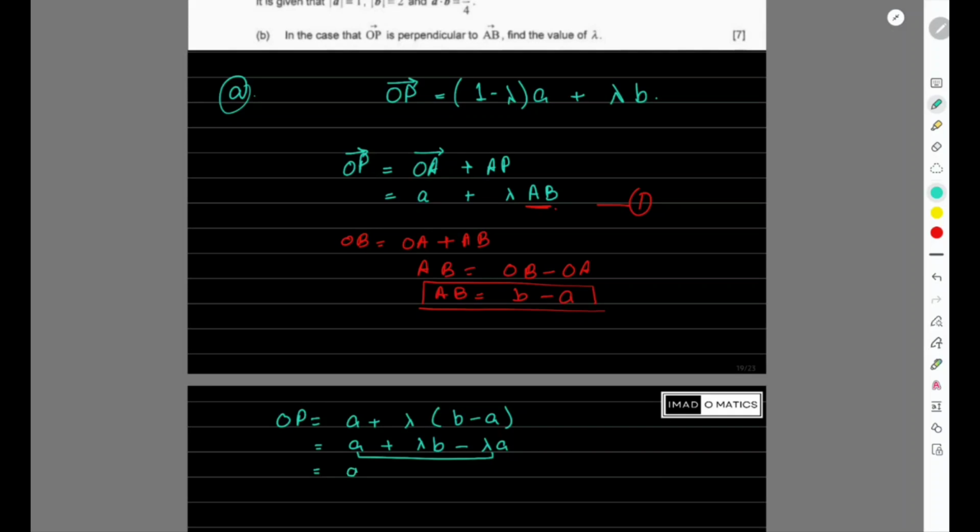We have common A and 1 minus lambda, plus lambda B. Is it what we have to prove? Yes, it is.